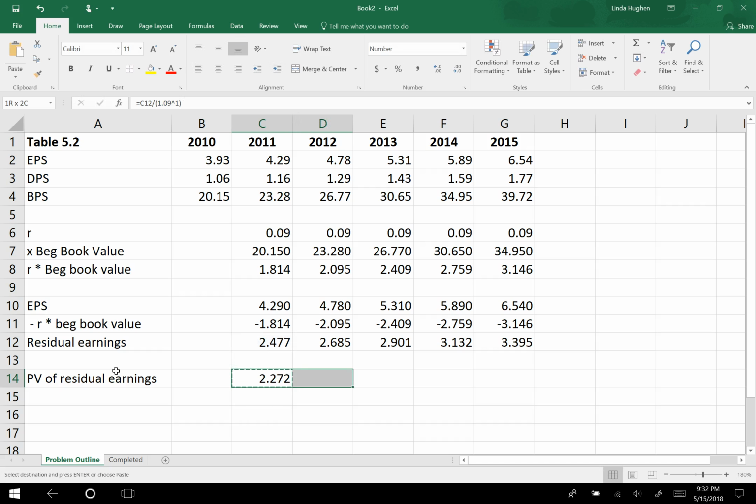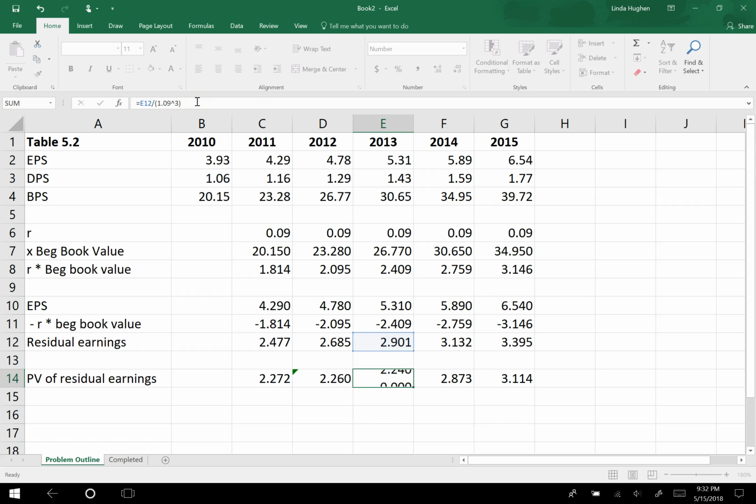I'm going to copy this over and then change the number of years in each cell that I need to discount. Discount 2 years, 3 years, 4 and 5 years.